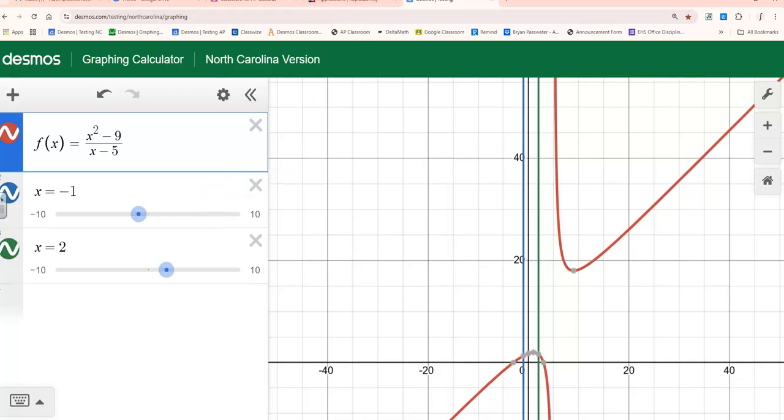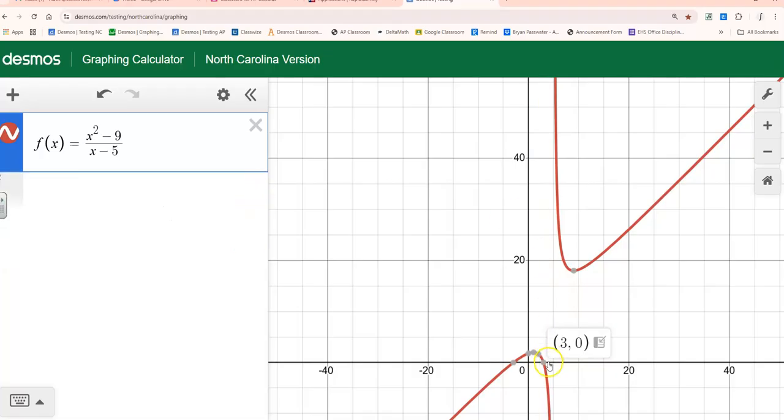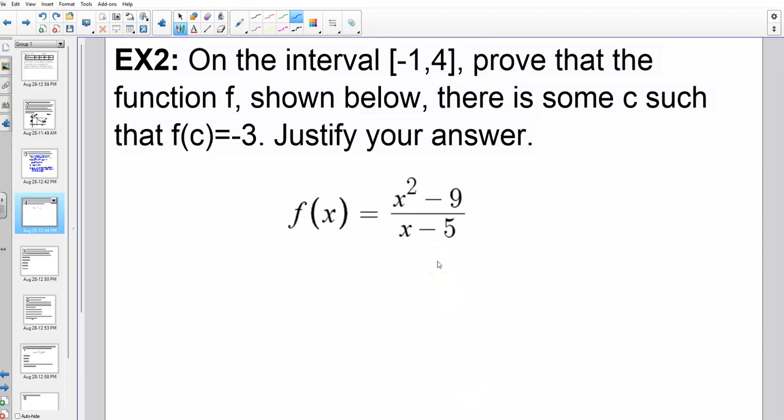They are asking us, this has a discontinuity, right? We're looking at, like, you got a vertical asymptote. Where is the vertical asymptote? At 5. But what's the interval they asked us to look at? -1 to 4. Does that include 5? It does not.